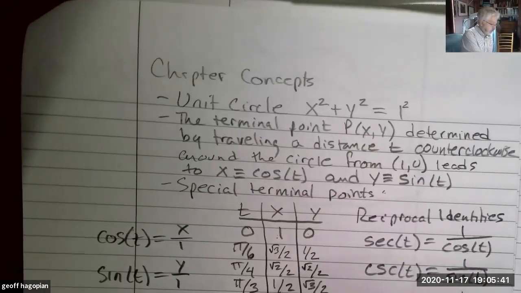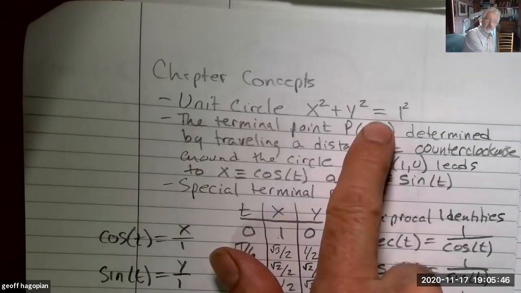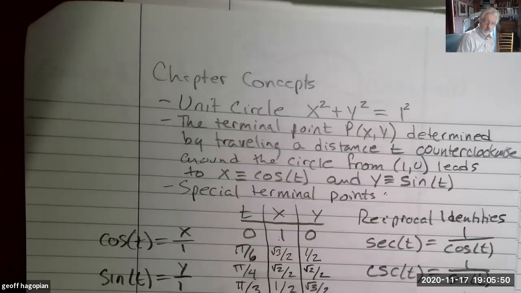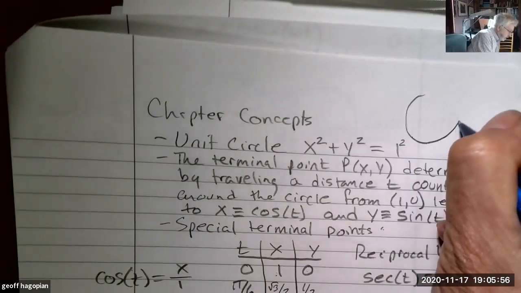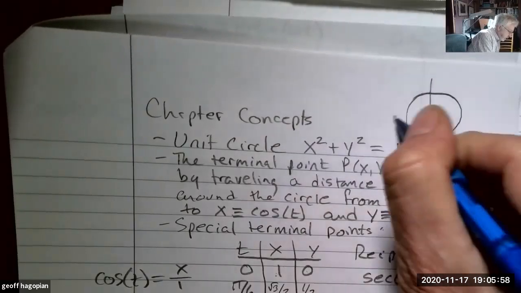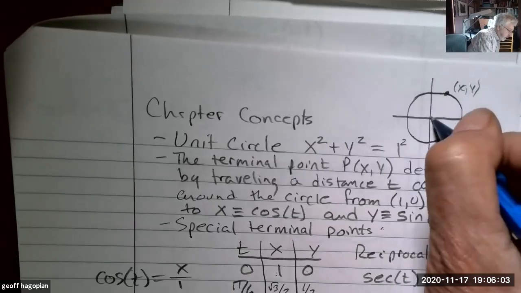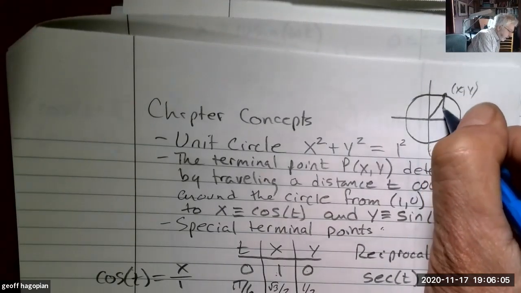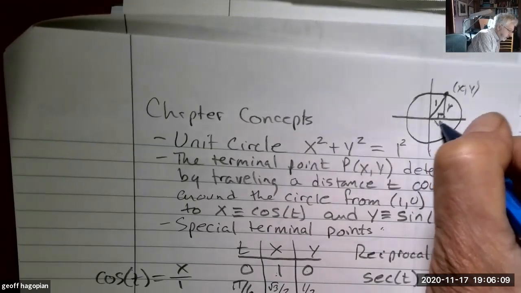And so we said, look, here are the concepts in Chapter 5, of which there are many. Unit circle equation, which basically says the distance from xy to the origin is 1, right? You want to imagine the unit circle with a point xy on the unit circle, and you can imagine a right triangle whose hypotenuse is 1 and whose legs are x and y.